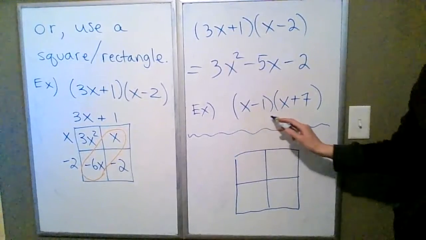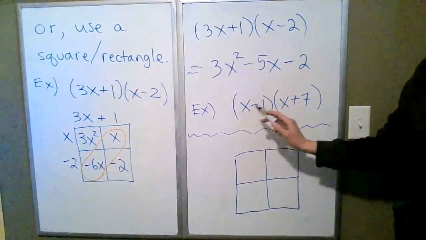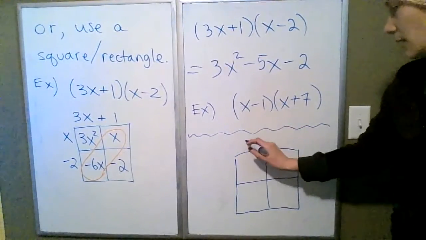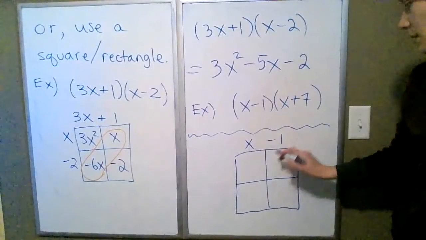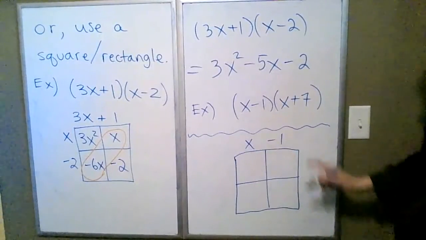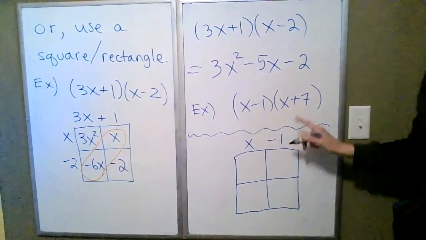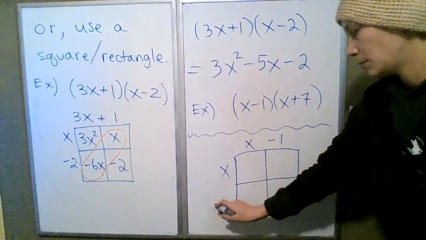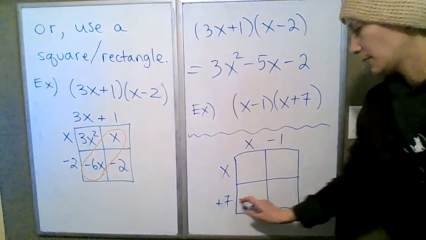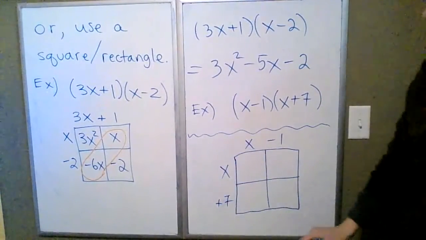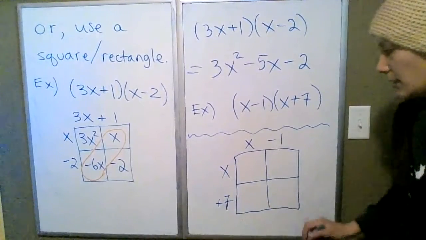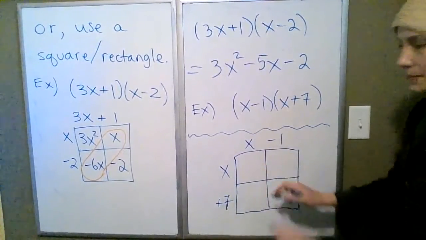And we'll put the first polynomial on top, the x and negative 1. And then here's x and a positive 7. And we're going to multiply. X with x is x squared.